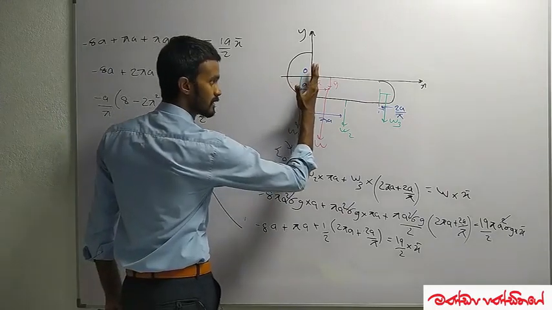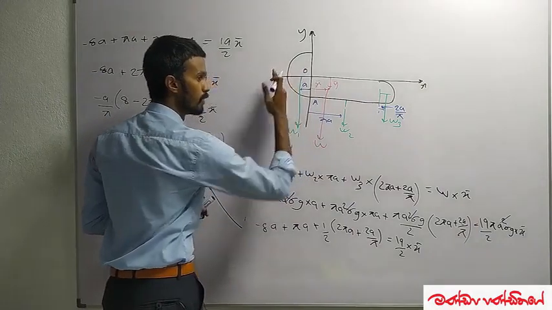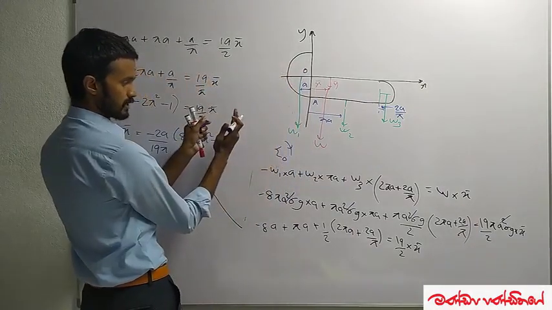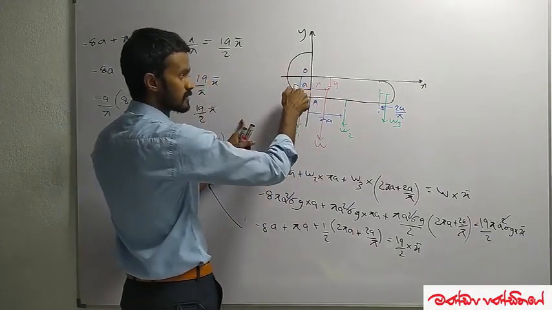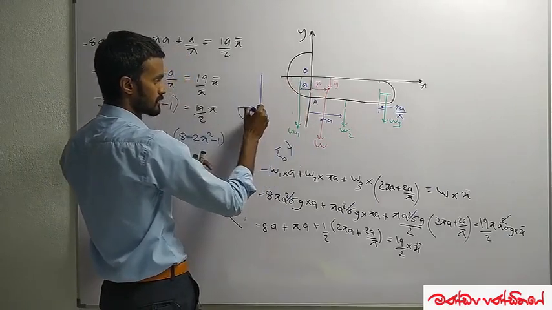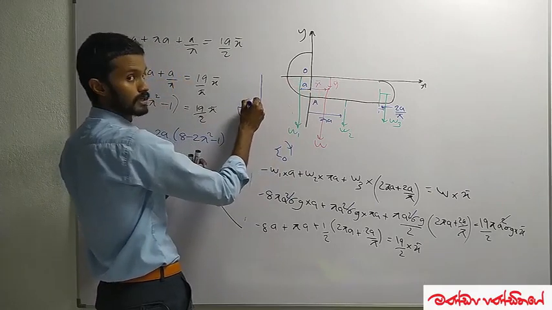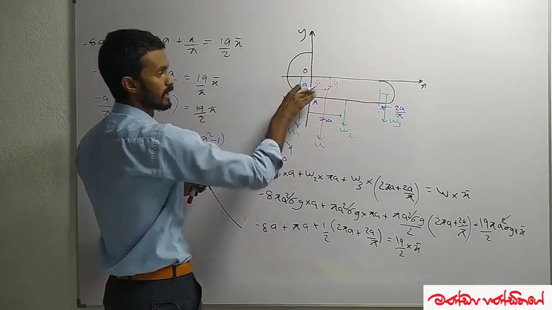Which means if I turn the spoon like this, the center of gravity should lie on a point somewhere inside here, but I took it as outside. So that's why I'm getting the negative answer.